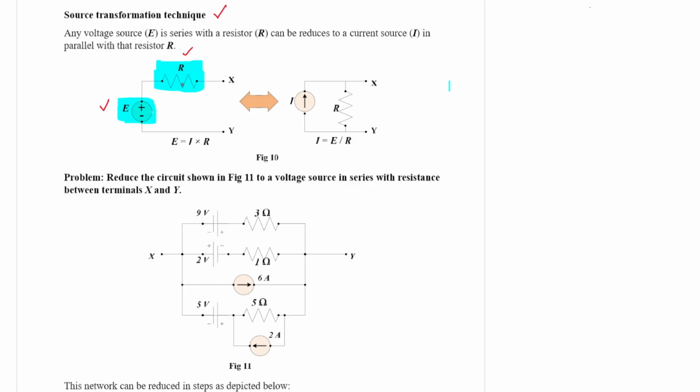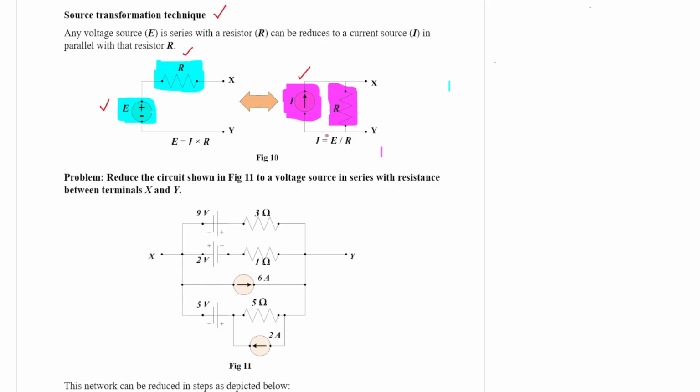is connected in series, then this combination can be converted to an equivalent current source I, in parallel with the resistance R. So voltage source in series with the resistance is equivalently converted to a current source in parallel with that resistance.